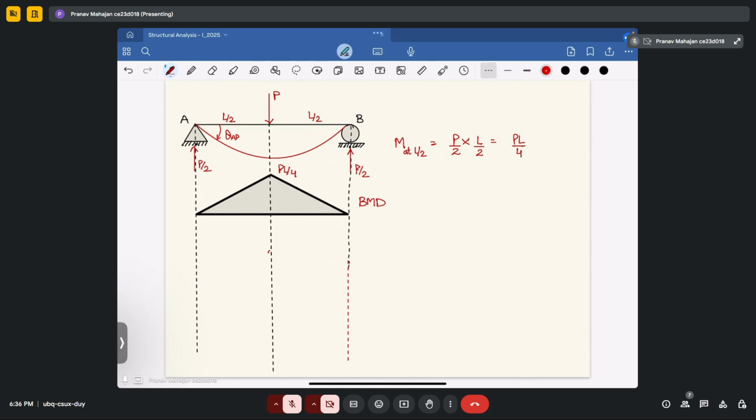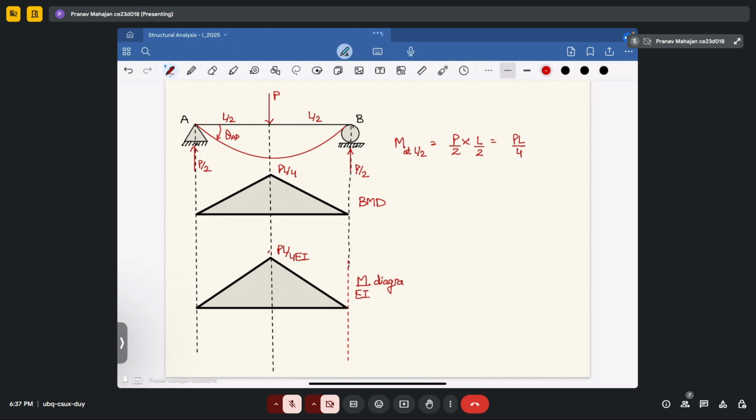This will again be a triangle, fine, but now the value of the peak will be PL upon 4 EI. Now this is your M upon EI diagram.